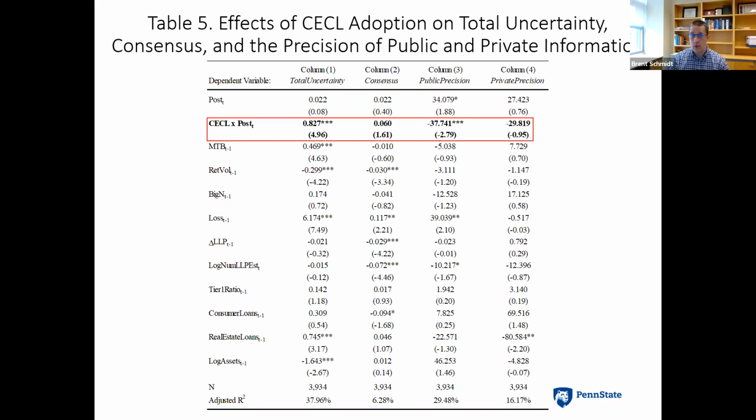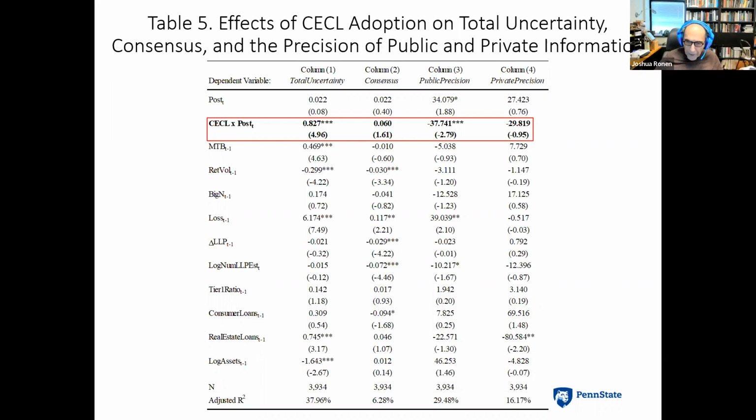We also know, based on prior work from Barth, that even under the incurred loss model, unrecognized expected credit losses are priced by investors. So investors do use that in their decisions. I haven't necessarily thought about what that might mean in terms of coverage versus accuracy and dispersion. That's certainly something I can think a little more about.